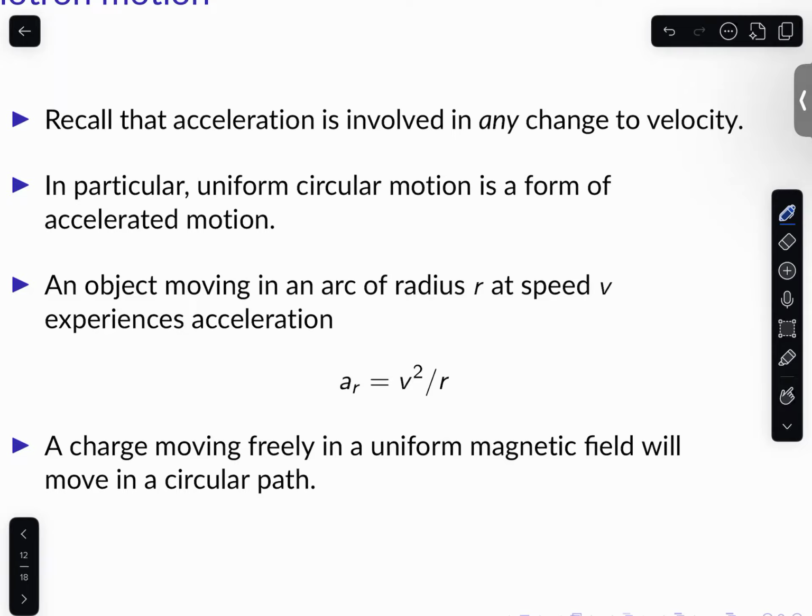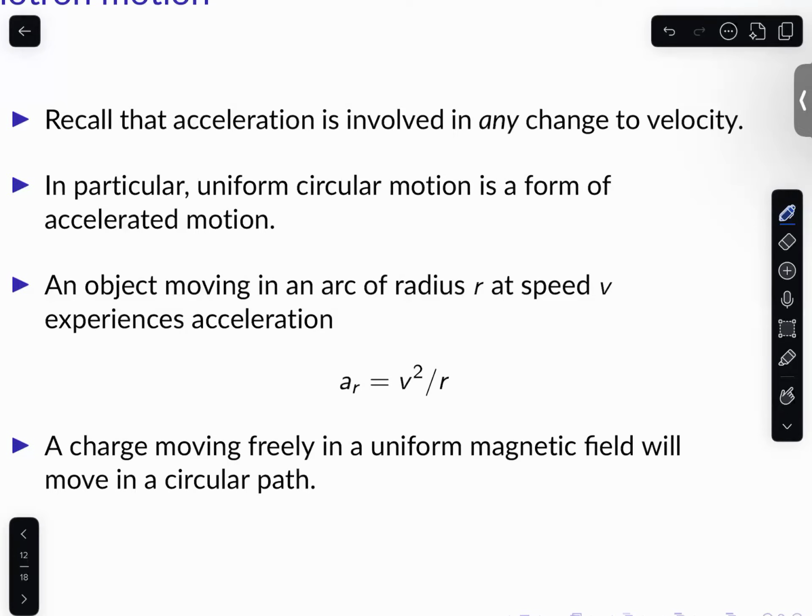Is the force in the same direction as velocity? Is your thumb ever in the same direction as your fingers when you do right hand rule? No. Is it perpendicular to your velocity? Yes. Whenever you have an acceleration perpendicular to your motion, that's causing centripetal motion.